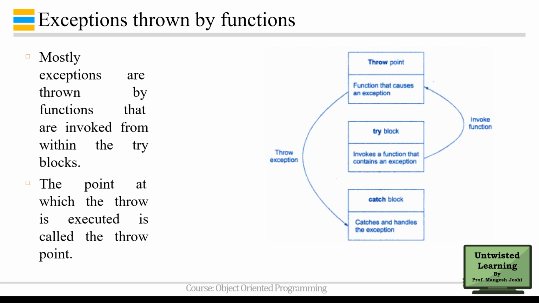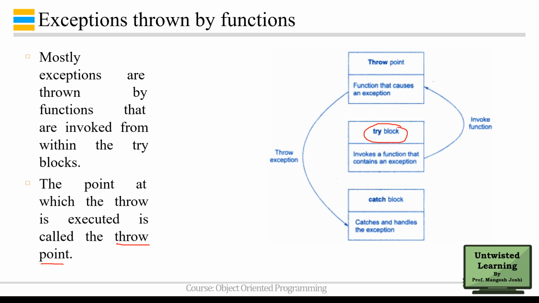Now, exceptions thrown by functions. Mostly, exceptions are thrown by functions that are invoked from within the try blocks. The point at which throw is executed is called the throw point. Suppose you have a try block and you have written some functions.